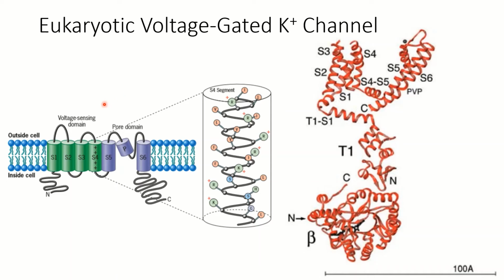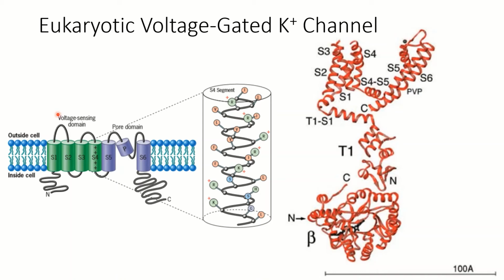For example, if you look at this portion of the simplified illustration, this is where the pore or the channel pathway is found. It's actually located here. You can see the S5 and the S6, and then there's the potassium ion there shown in green.